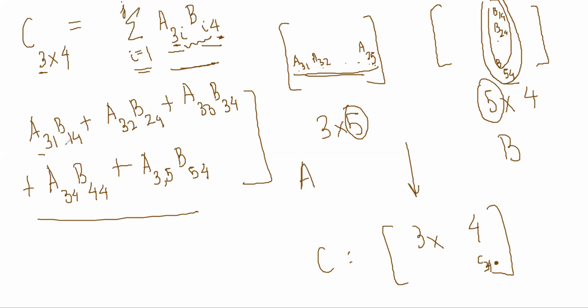Sparsh, are you understanding? Yes, sir. So matrix multiplication is possible only when the number of columns and rows match, and how it comes about is also clear.